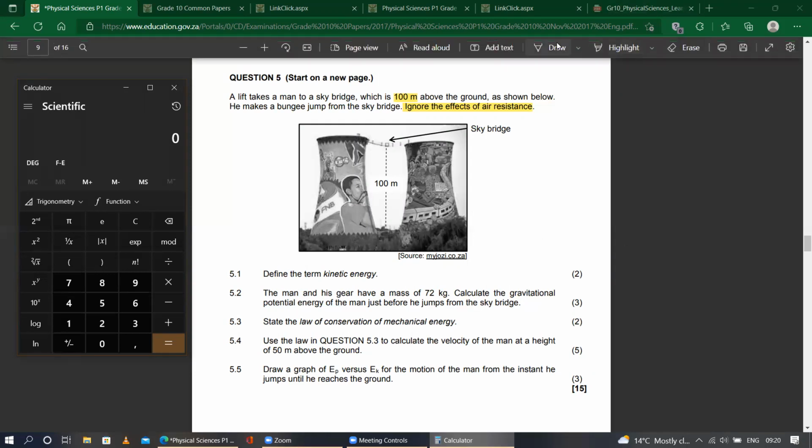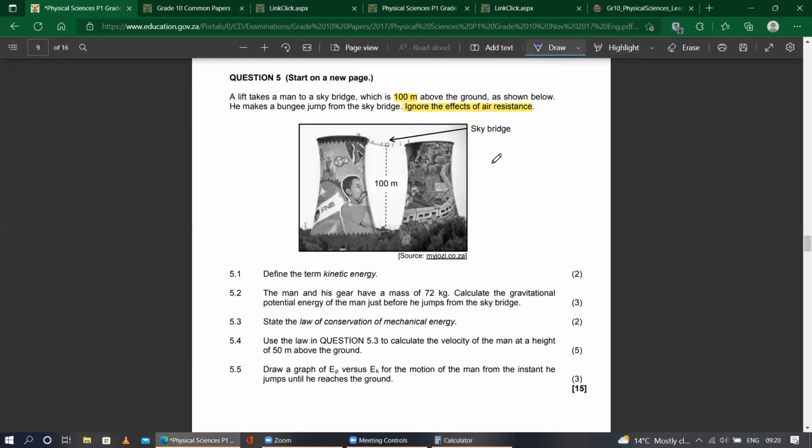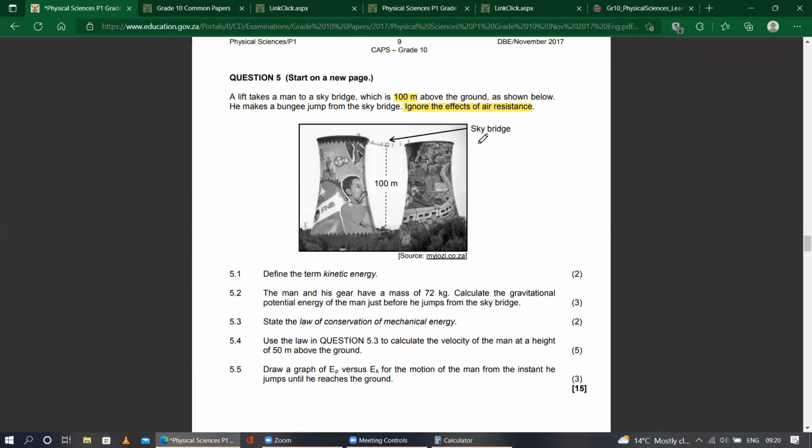So it's going to be something like, sorry, I'm going to use my laptop mouse, so this might look terrible. It's going to be something like EP is equal to... So what's the value for gravitational acceleration that you use? 9.8. Yeah.